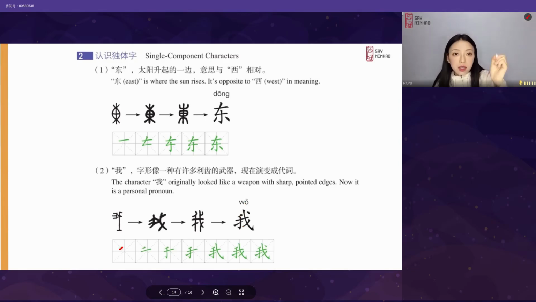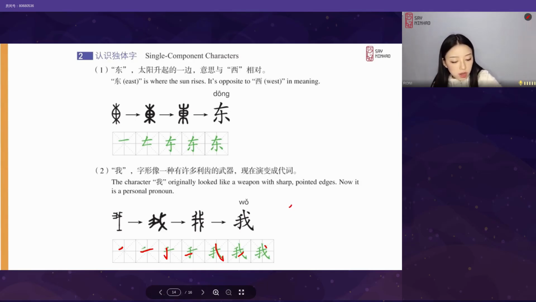First one is a left falling, which is really like a horizontal, and then a true horizontal, and then a vertical hook, and then a rising, and then a slanting hook, and then a left falling, and then a dot. This one is a little bit complicated, so try to practice with me.